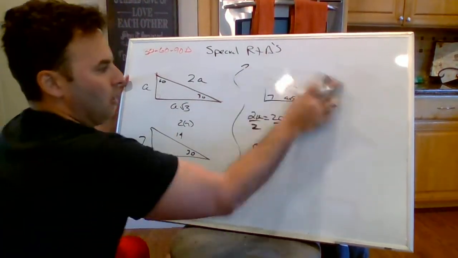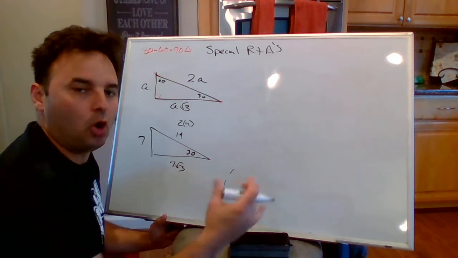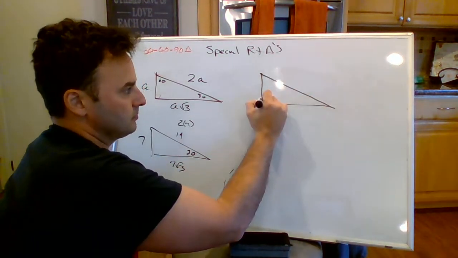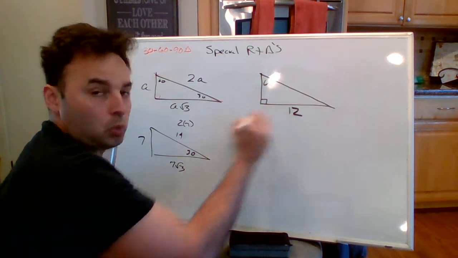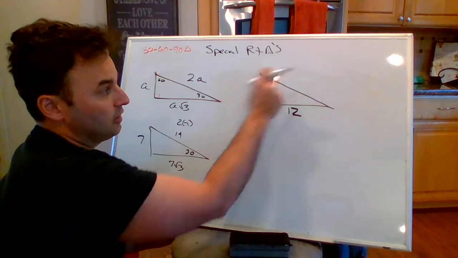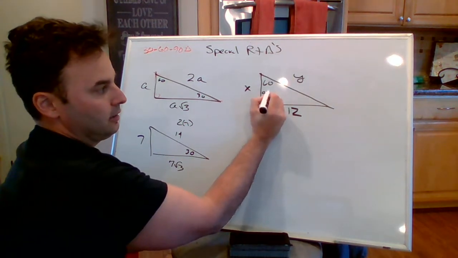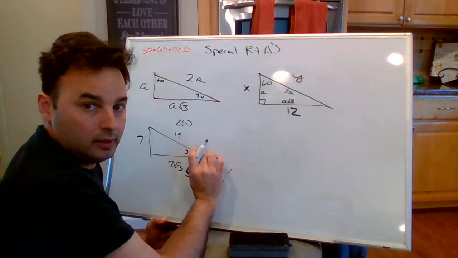Now, let's talk about when the side across from 60 is a whole number. Let's start with something easy like 12. Okay? We want to solve for these two parts, x and y. I need to label inside here A, 2A, A radical 3.